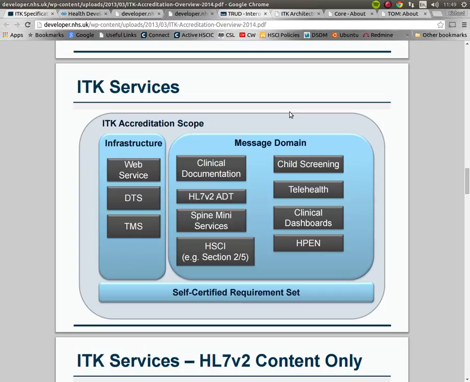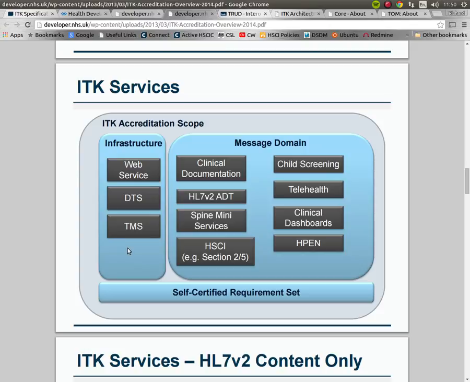There are a set of infrastructure specifications which effectively is the pipework that connects systems together: web services for local integration, DTS, which is a legacy transport system predominantly used for pathology messaging, and I think probably our more strategic option, which provides national reach, allows you to send from any system to any system over that national spine infrastructure, TMS, the transactional messaging system.